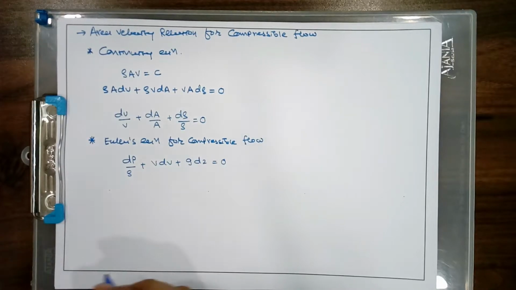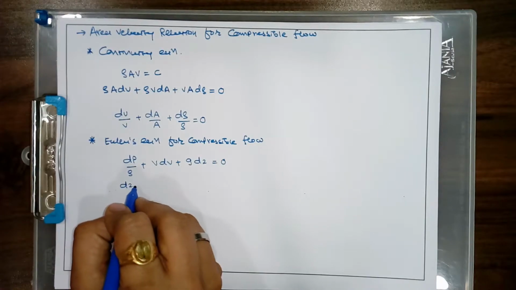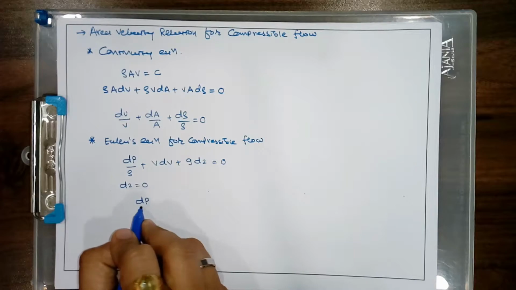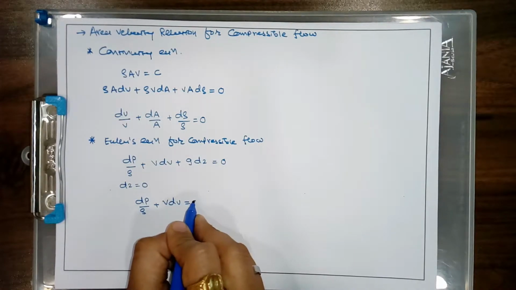Here we neglect the variations in potential energy, meaning the level of the flow remains constant, so we consider dz equals 0. So our equation becomes dp by rho plus V dV equals 0.